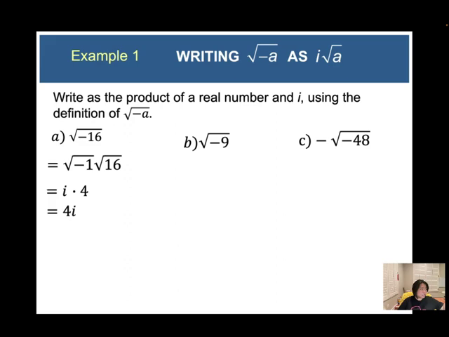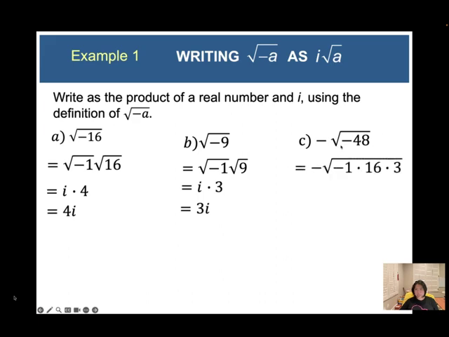Try to do B and C. B, same idea: we break it down as the square root of negative 1 and the square root of 9. The square root of negative 1 is i and the square root of 9 is 3, so that is 3i. C, I break it down into negative 1 times 16 times 3.